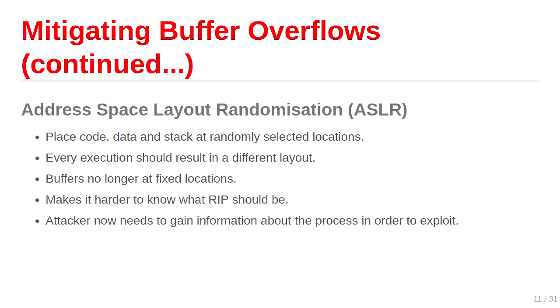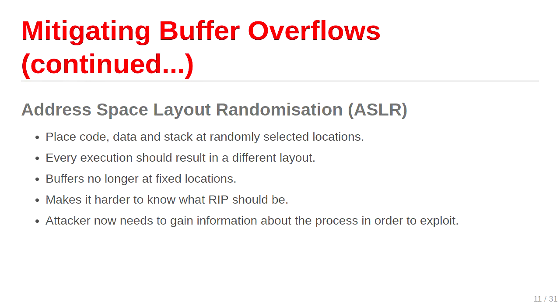Another way that we can mitigate buffer overflows is via address space layout randomization, or ASLR. And so what this does is whenever we start a process, we place code, data, and stack at randomly selected locations. The upside here is that every single execution of a program should result in a different layout. If you know exactly where everything's going to be placed in memory, it makes it incredibly easy to write a buffer overflow.